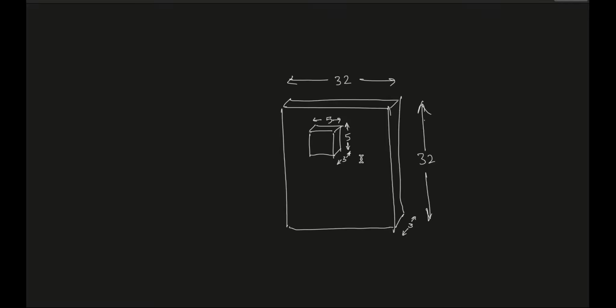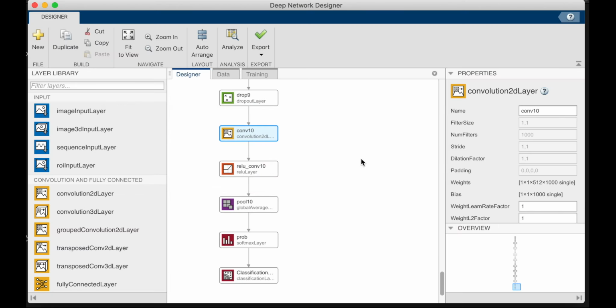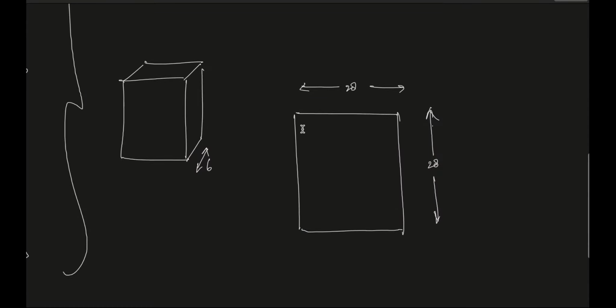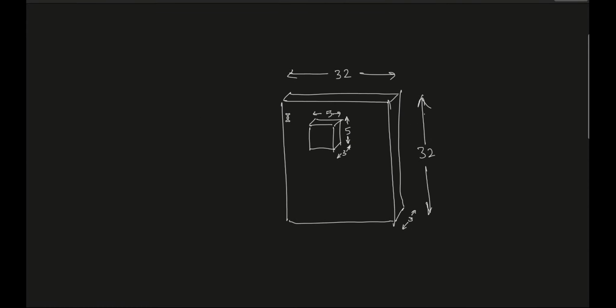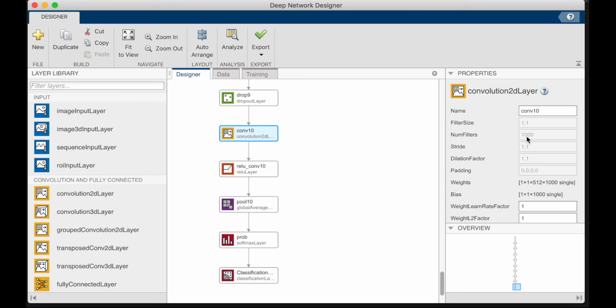But in convolutional layers such as the one that we have in this network, it tells you there's a number of filters of 1,000, and the filter size is 1 by 1. Yes, that's okay to have a 1 by 1 filter size. Essentially it's just going pixel by pixel instead of a 5 by 5 filter size. But when you look at the number of filters, that's 1,000.